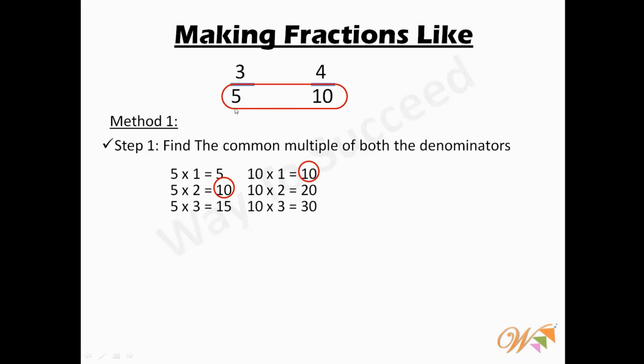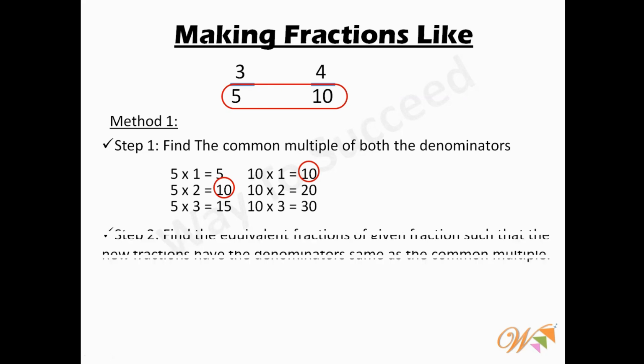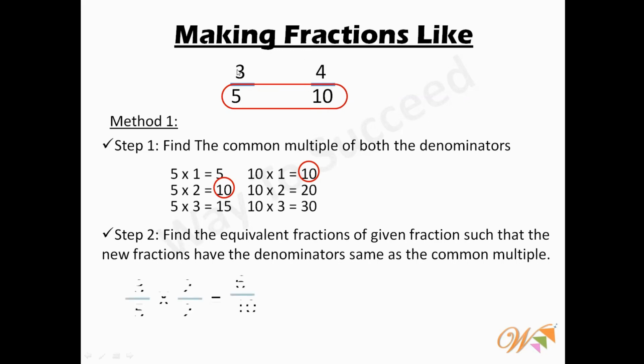Which means if I find an equivalent fraction of 3 by 5 which gives me the denominator 10, I will get two like fractions. So we'll go to step 2. I'll find the equivalent fractions of the given fractions such that the new fractions have the denominators same as the common multiple. Here my common multiple is 10 and my second fraction 4 by 10 already has the denominator 10, so I'm not going to touch this one. I'm just going to change 3 by 5.